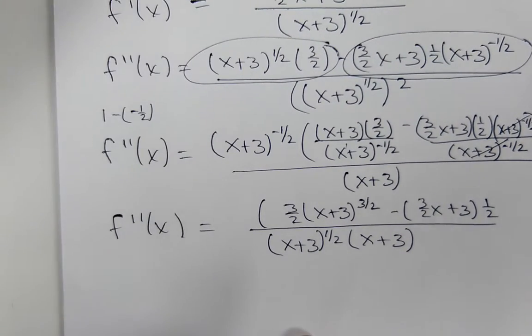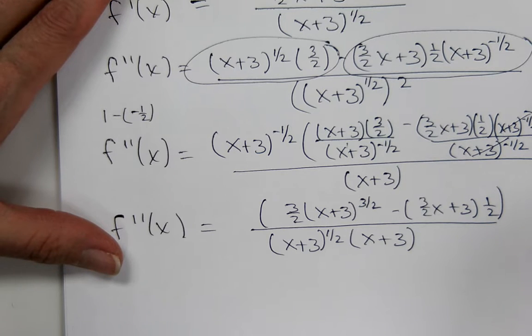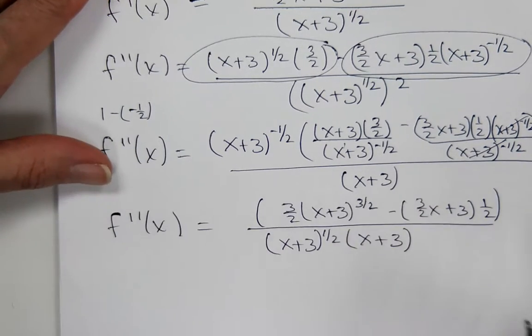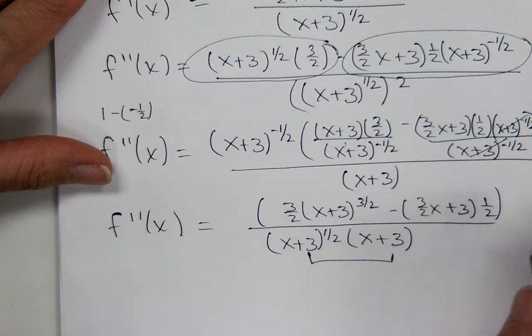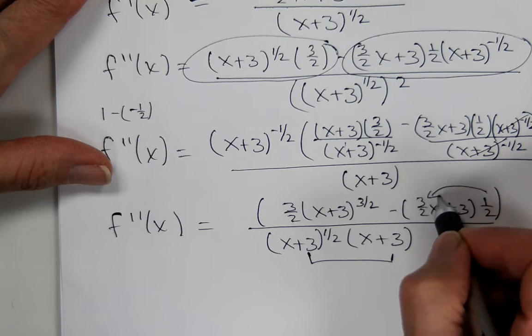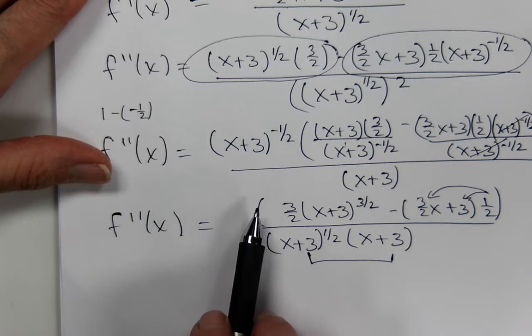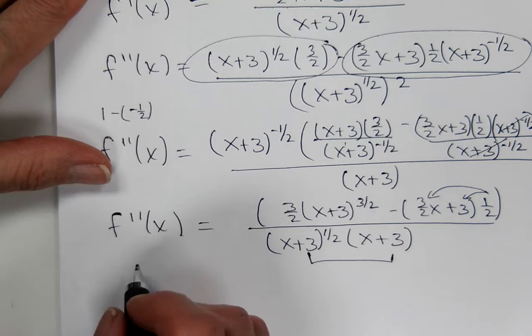So now we have our second derivative getting cleaned up a little bit. That one is bothering me a little bit. Let's see where we're going with this. So these can be combined by adding the exponents. We can distribute the 1/2 into the second parentheses because it doesn't have an exponent on it. We cannot distribute the 3/2 into the first parenthesis because it does have an exponent on it.